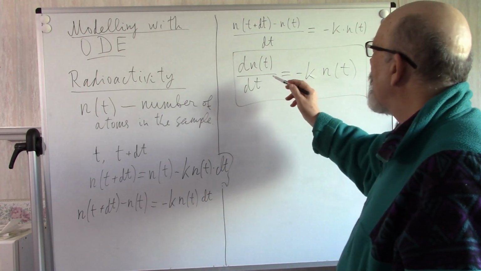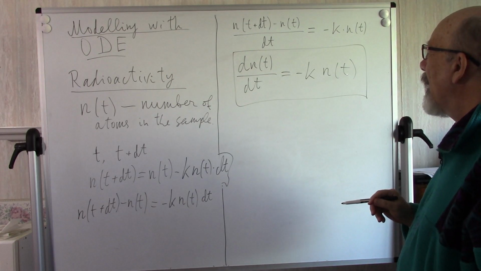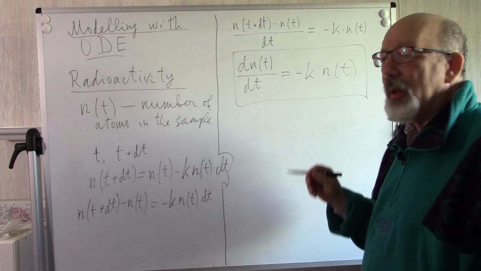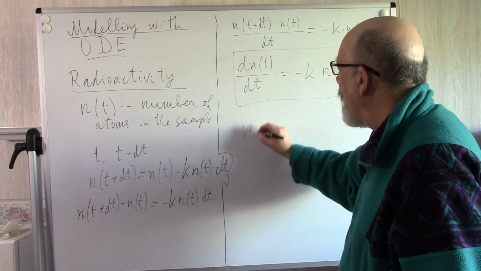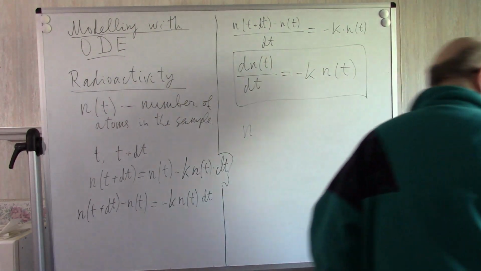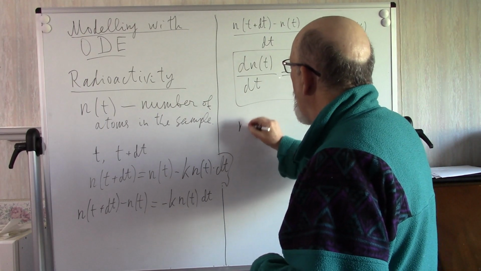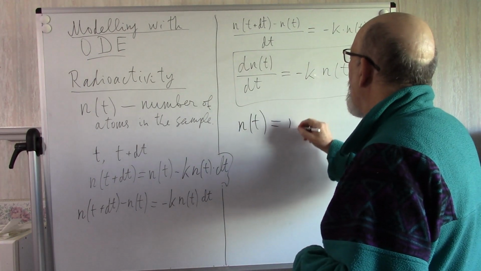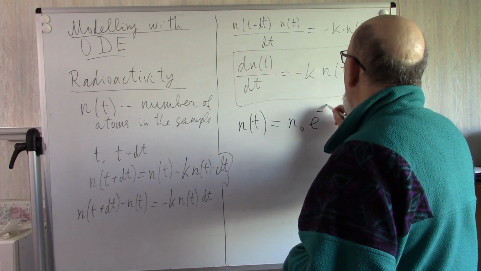Now, this is a well-known linear homogeneous equation, and we can write its solution immediately. N of t equals n0 e to the power minus kt.